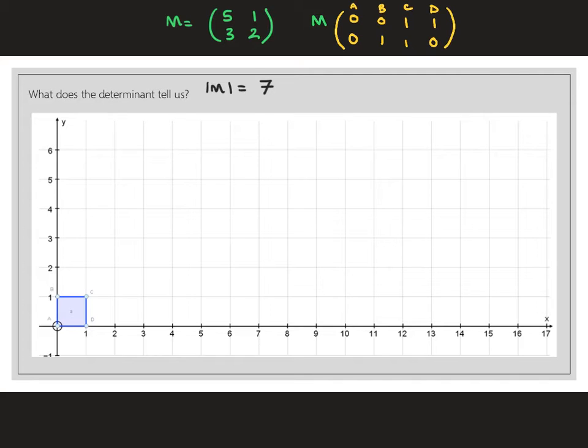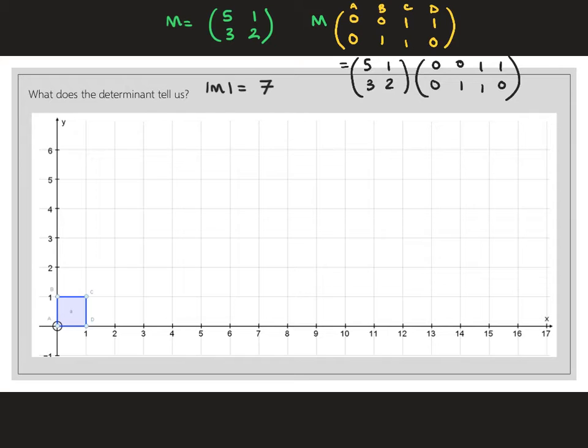And we're going to see what happens when we apply the matrix to each of those coordinates, which we can do as a matrix multiplication. So this is equal to 5, 1, 3, 2 multiplied by 0, 0, 0, 1, 1, 1, 1, 0.